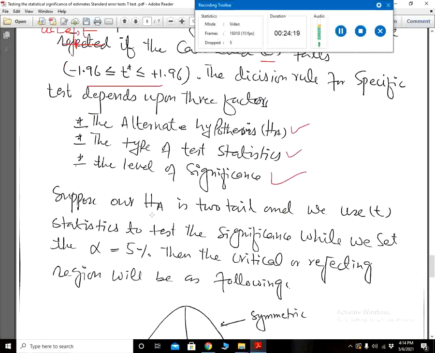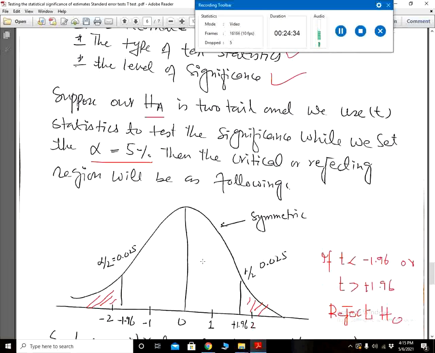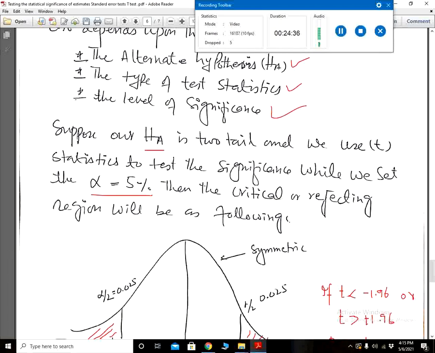Suppose our HA, that is the alternate hypothesis, is 2-tail, right, and we use the t statistic to test the significance while we set alpha at 5%, then the critical region or rejection region will be as follows. These are the conditions: we are using the t statistic, a 2-tail test, and 5% alpha.